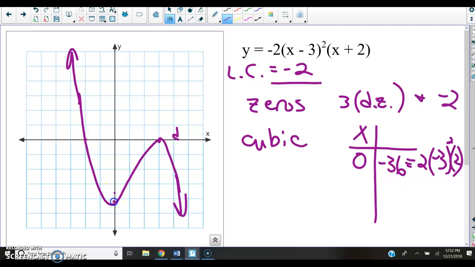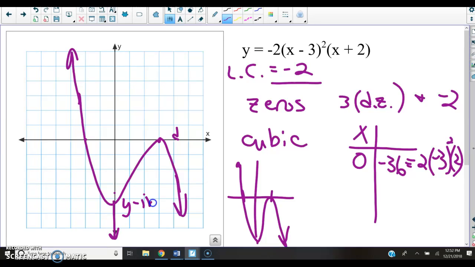So this has to go down much further, and I don't have enough room. But if I were to draw this or see it on Desmos, here's my -2, here's my +3, way down here is going to be my -36. But it's going to look something like that, but I have to realize that the y-intercept is at -36.